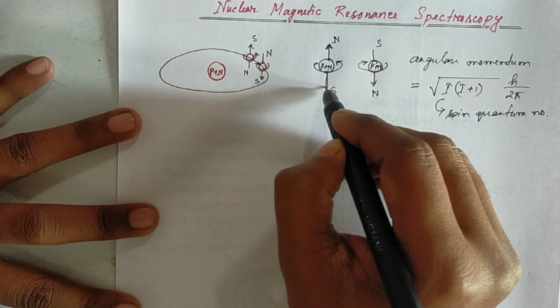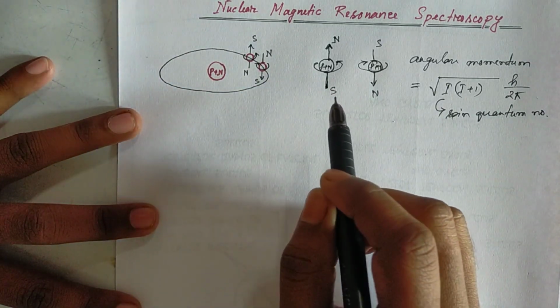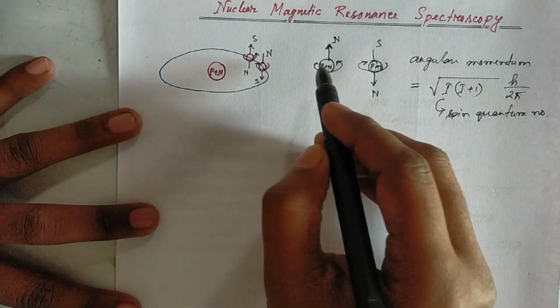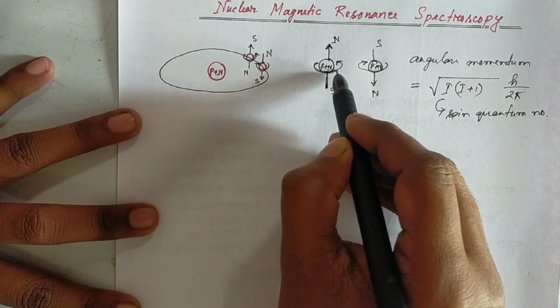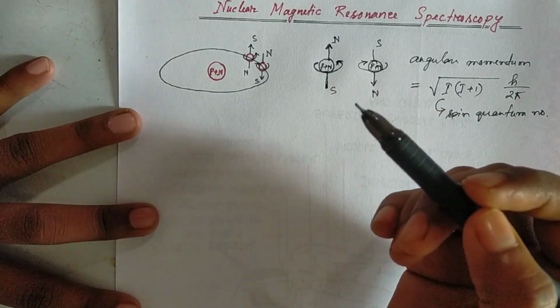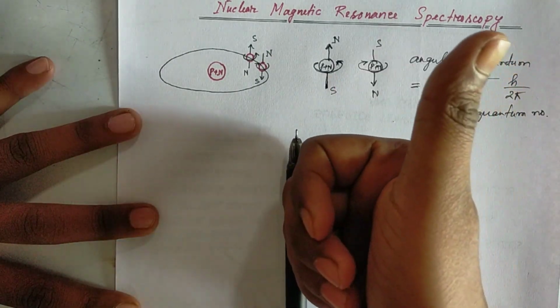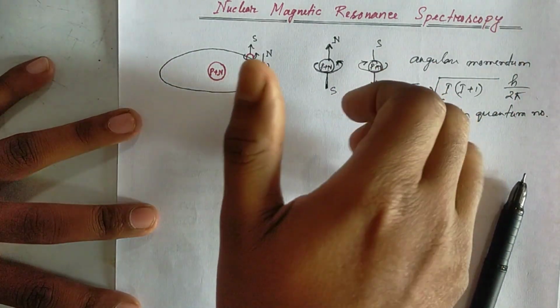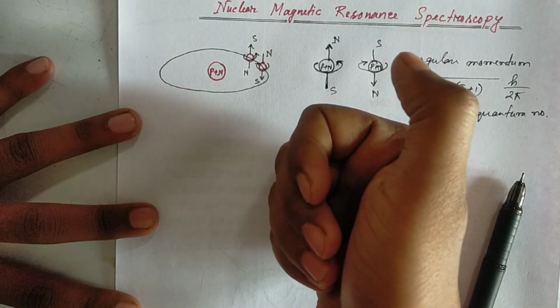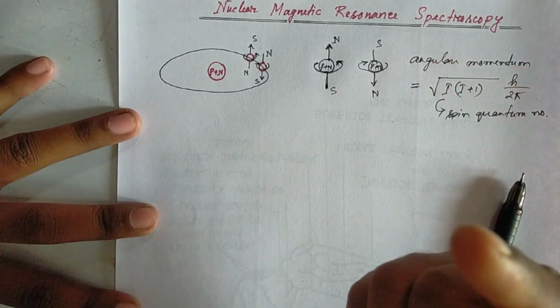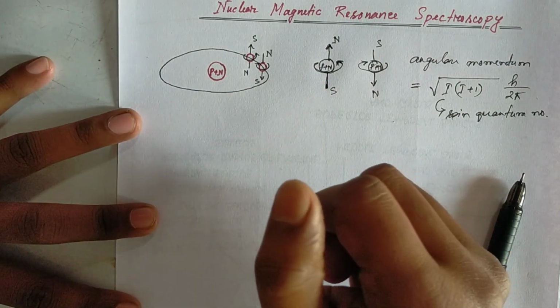This is the axis. According to the right hand thumb rule, if the nucleus is spinning in the clockwise direction, in this direction, then due to the spinning there will be an induced magnetic field around the nucleus.